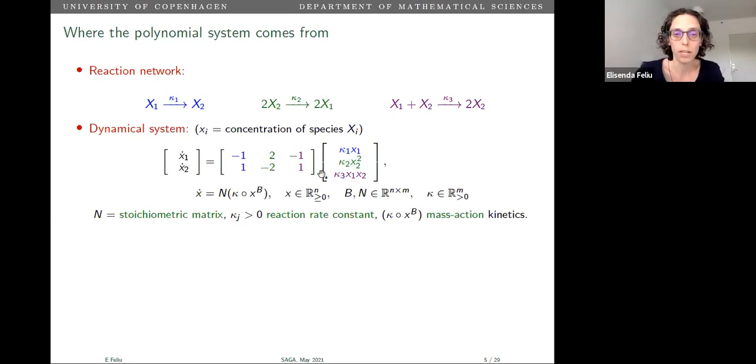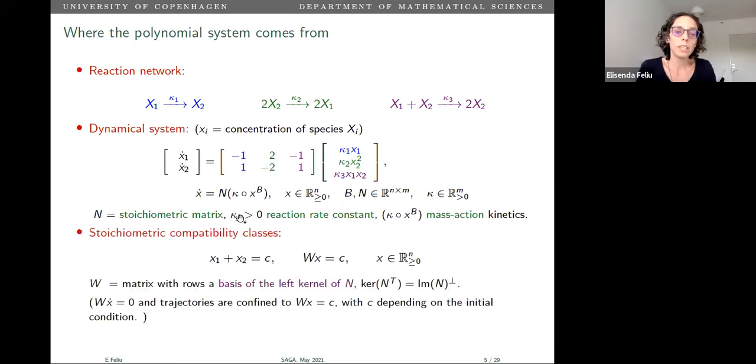You can find this matrix, which is called the stoichiometric matrix. You can find this vector of monomials from the reactants, and then you put a reaction rate constant, a parameter, in front, right? And these parameters are positive. The second ingredient is that you can see that whenever this matrix doesn't have full rank, that there are linear relations among the rows, they give a linear relation among the derivatives, right?